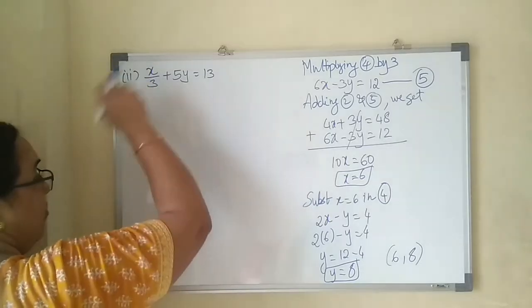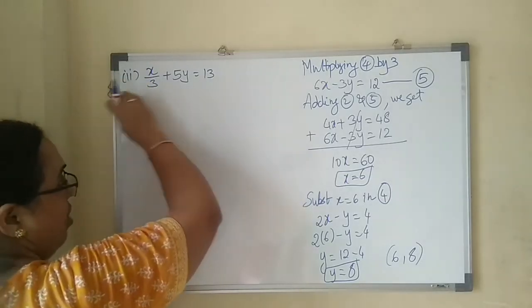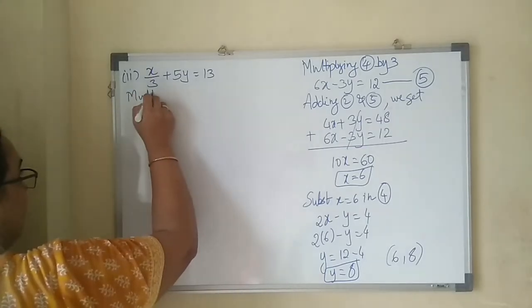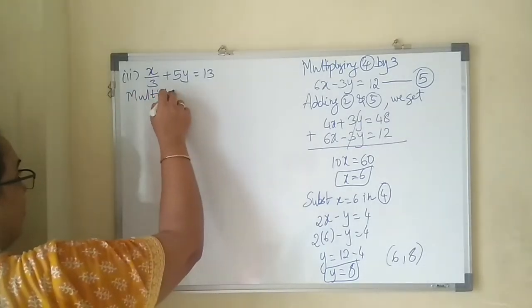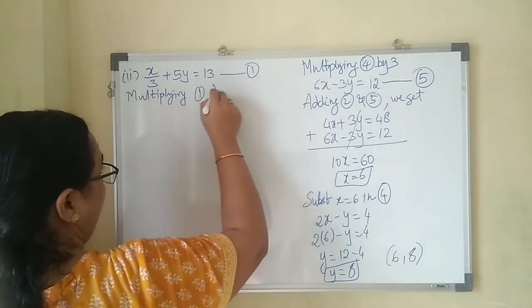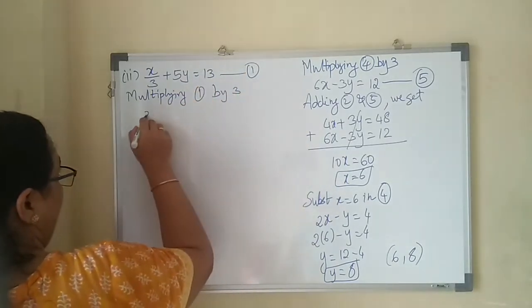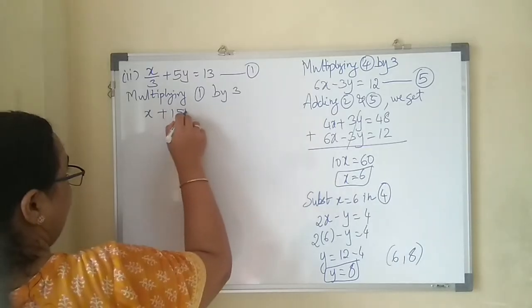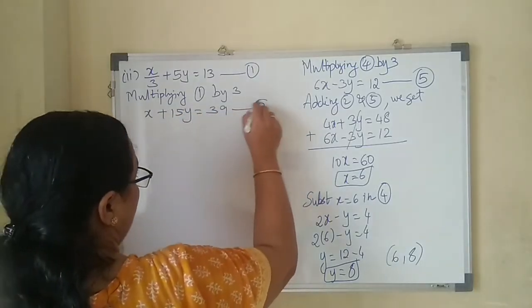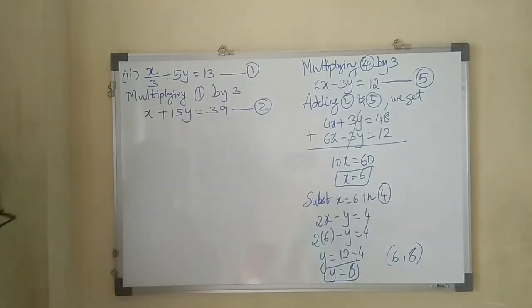We want to get rid of the denominator, so multiplying throughout by the denominator, equation 1 by 3. What do we have? x plus 15y equals 39. Is this very clear?